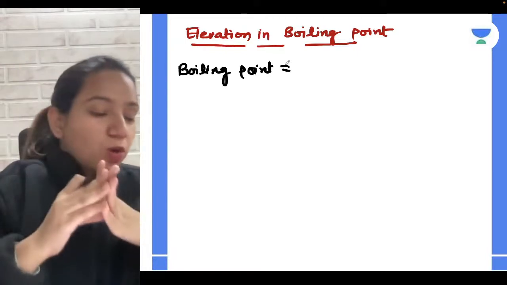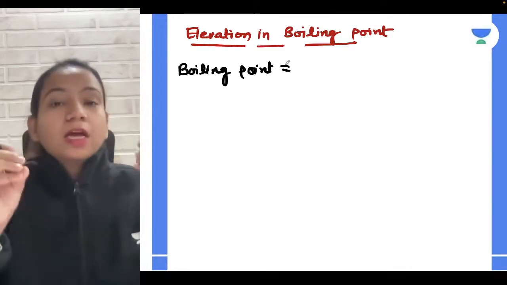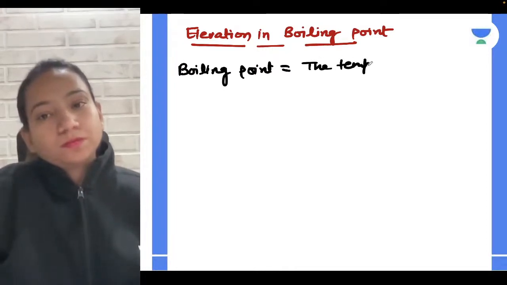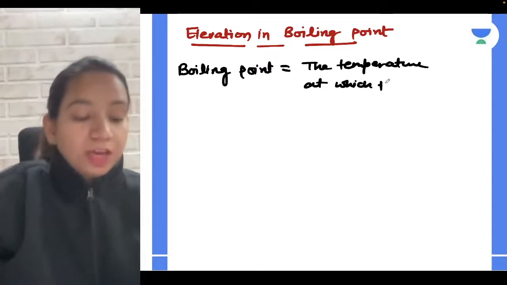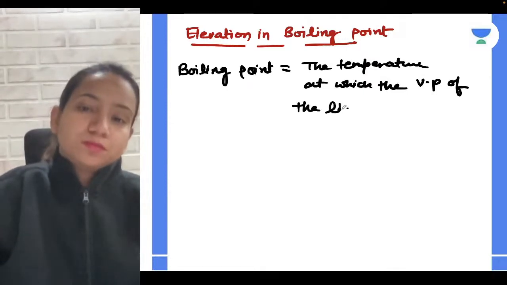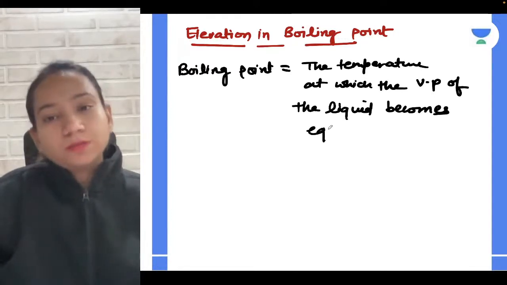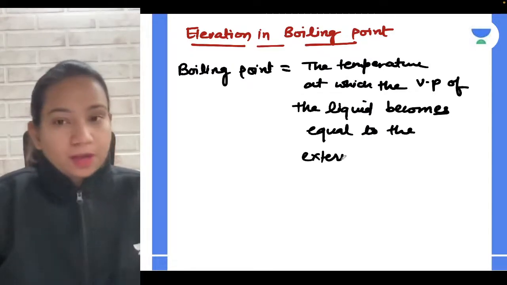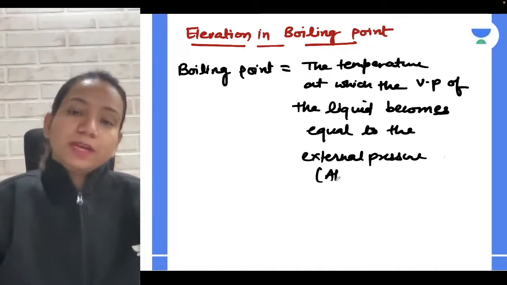But if we talk about exactly what it is, it is the temperature at which the vapor pressure of the liquid becomes equal to the external pressure, which is nothing but atmospheric pressure.